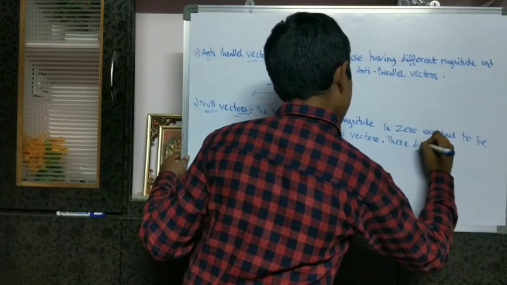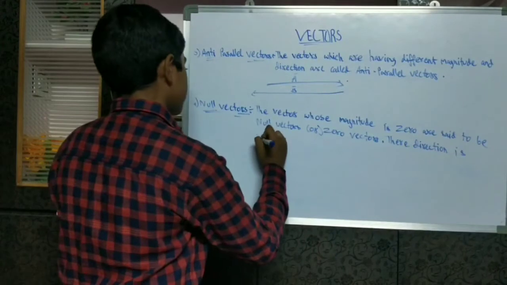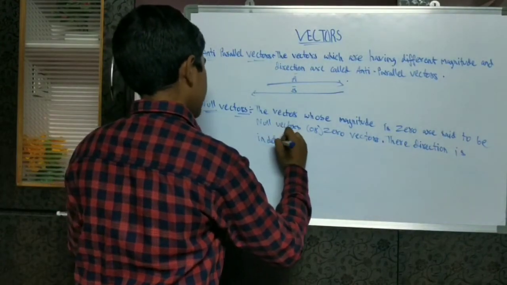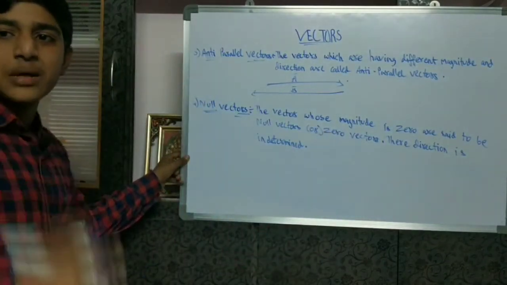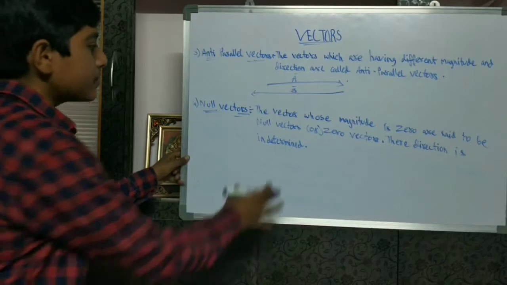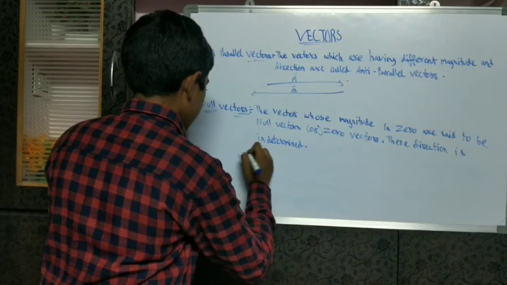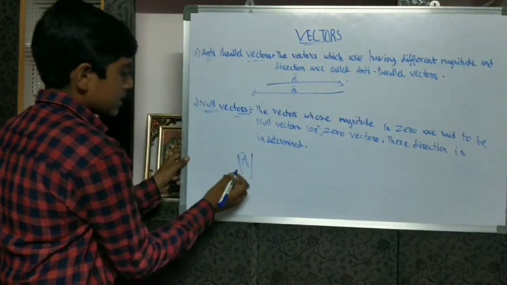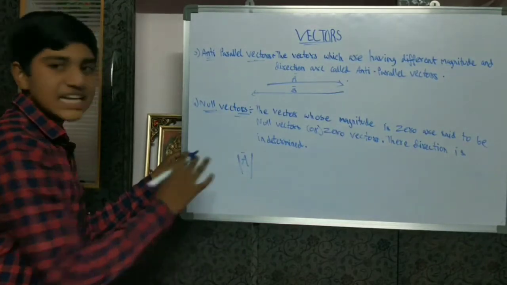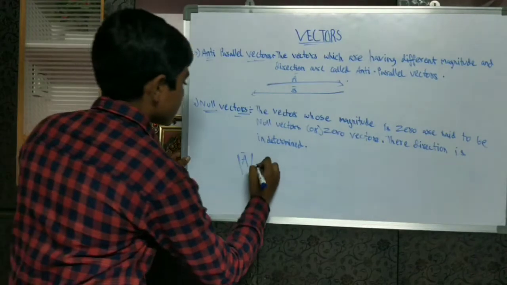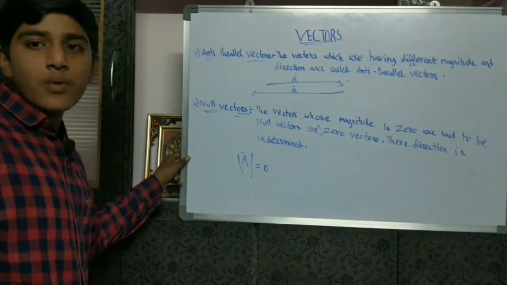Their direction is indeterminate, so we can't determine the direction. So, mod of a bar, the modulus of a bar, in the sense its magnitude, is 0, then we can call it a null vector.